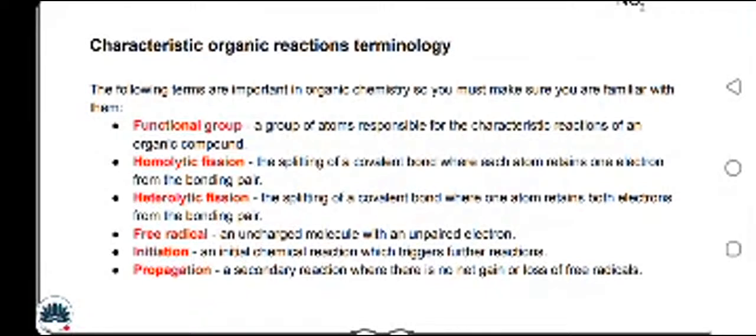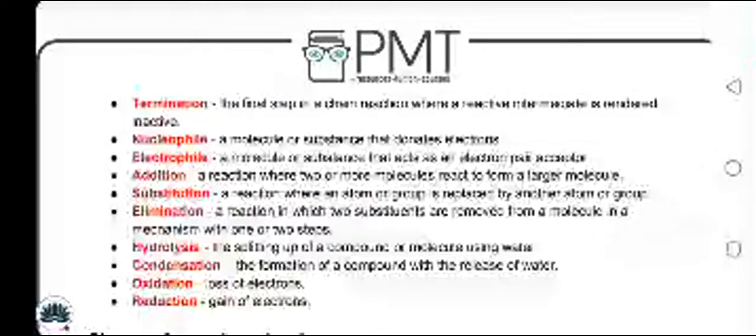Initiation: an initial chemical reaction which triggers further reactions. Propagation: a secondary reaction where there is no net gain or loss of free radicals. Termination: the final step in a chain reaction where a reactive intermediate is rendered inactive.